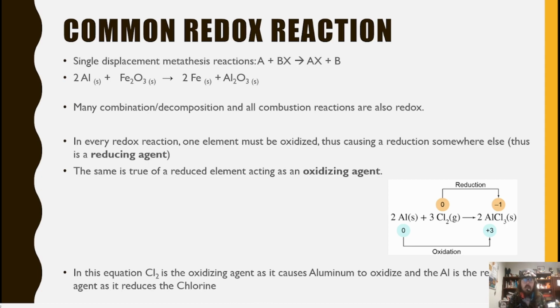Now, because of the nature of the push-pull of a redox reaction, one element is always oxidized, causing a reduction somewhere else. So the terminology gets a little tricky. But we often call the guy who gets oxidized a reducing agent because it's often doing reduction on something else. The same is true for the element that's getting reduced. It's the oxidizing agent, because oftentimes we don't care about one of those.